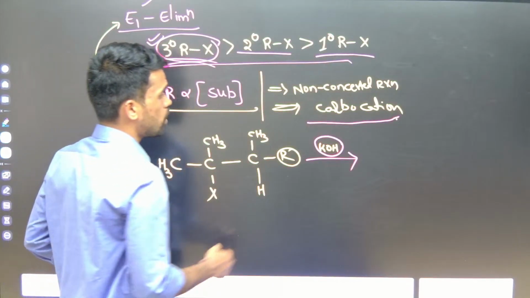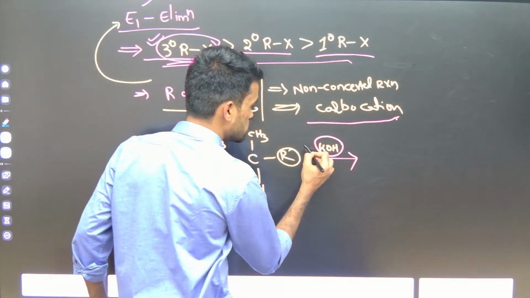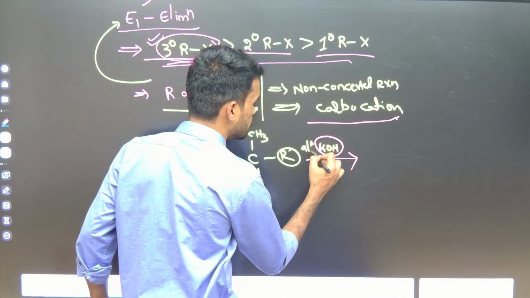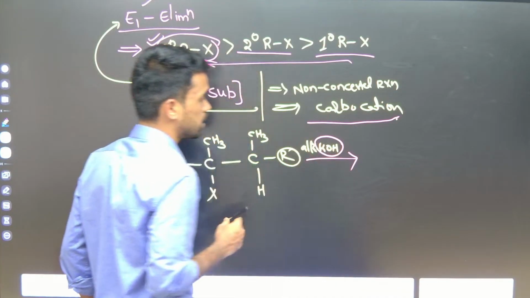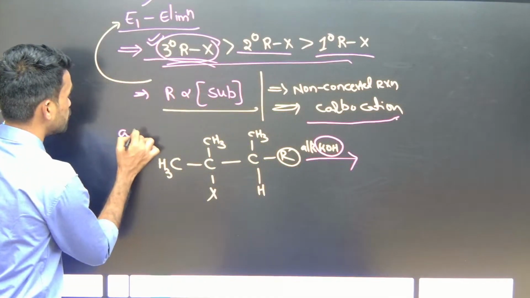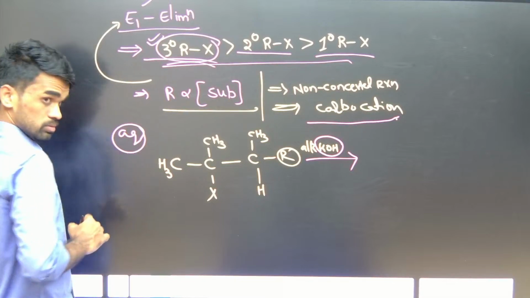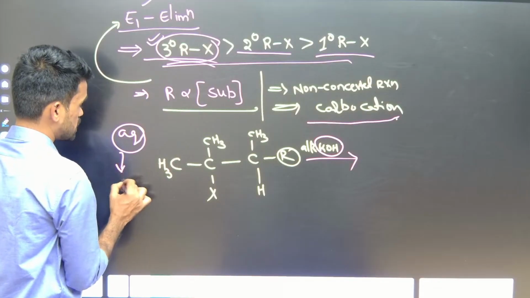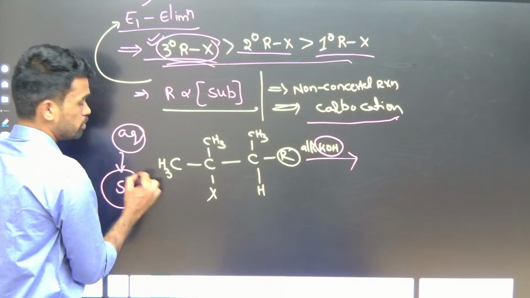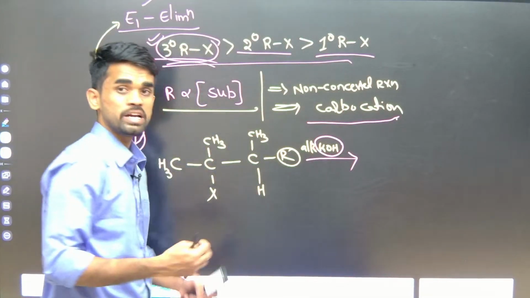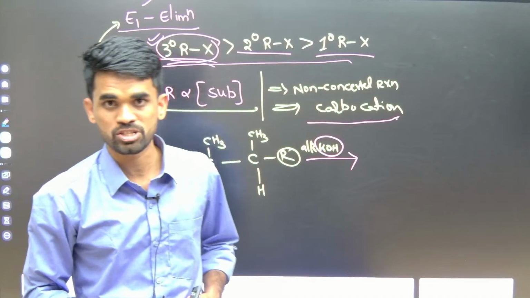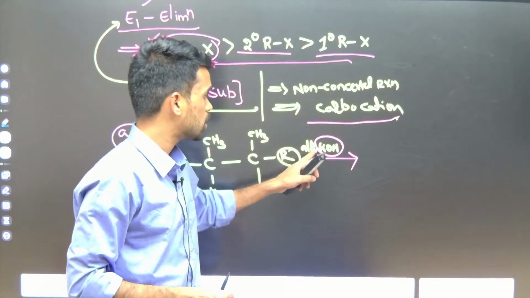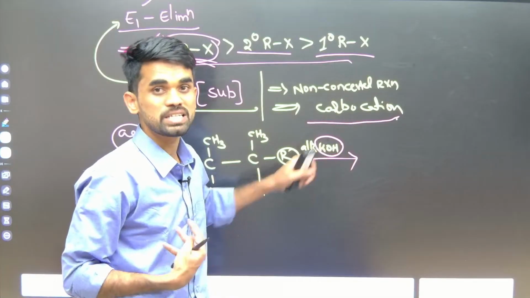Now this KOH should be taken in alcoholic medium. Alcoholic KOH should be taken. If you take aqueous medium, substitution takes place. It favors substitution because in aqueous medium it will have more nucleophilic nature, whereas in alcoholic medium strong basic nature will be there.